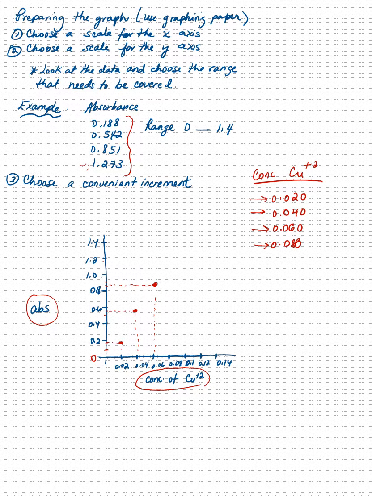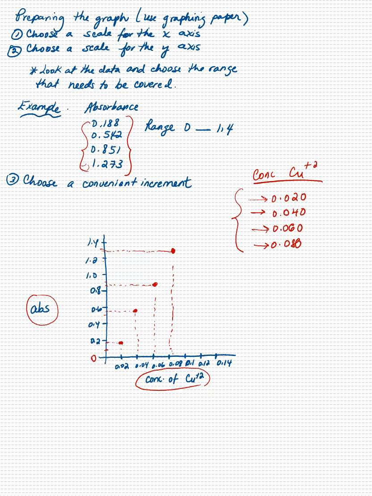And then the last one, 0.08, and that one goes with 1.2. That's 1.3, lower than that, somewhere there. So I have my 4 dots corresponding to my 4 concentrations and my 4 absorbance values.